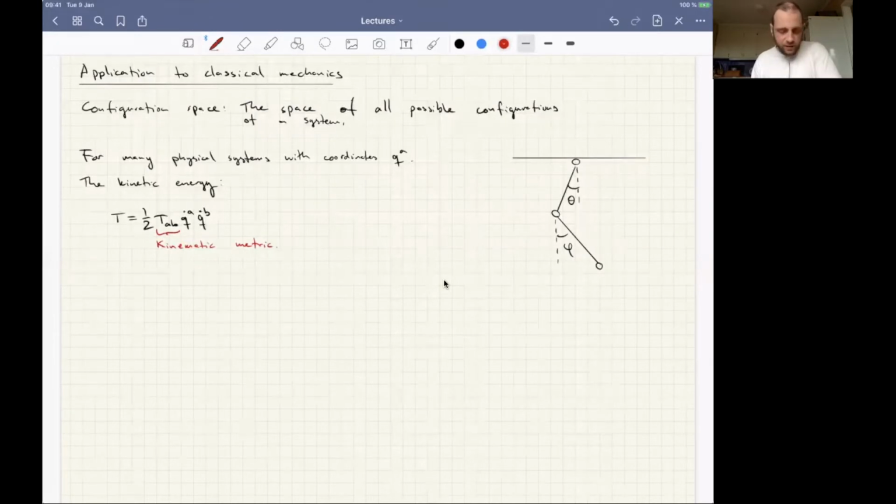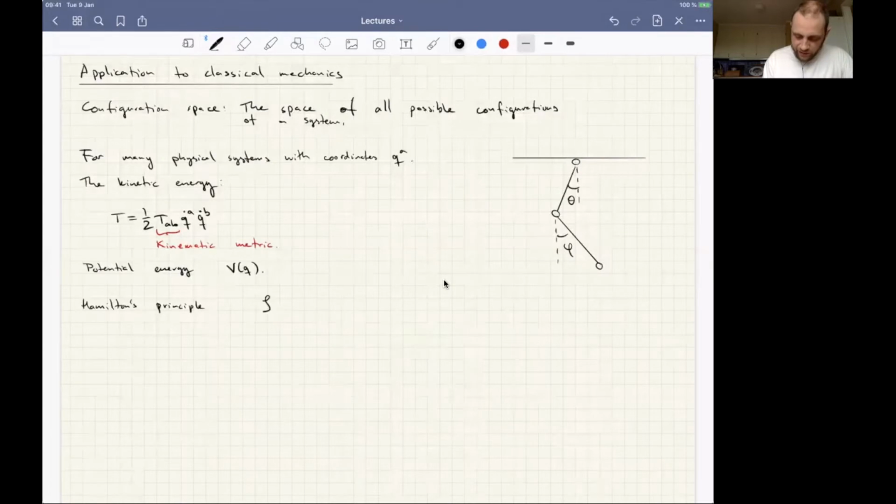So I typically also have some potential energy. That's just a function of configuration space. It's a function of just the coordinates. And what I do when I want to see how this system behaves is based on Hamilton's principle.